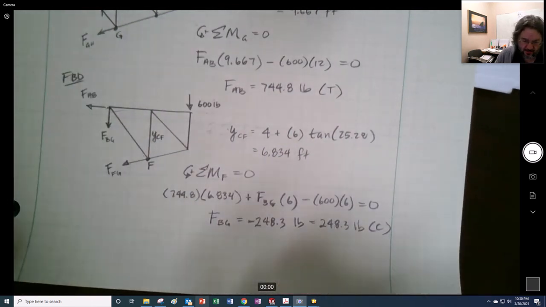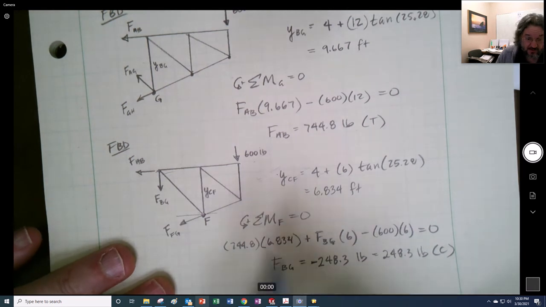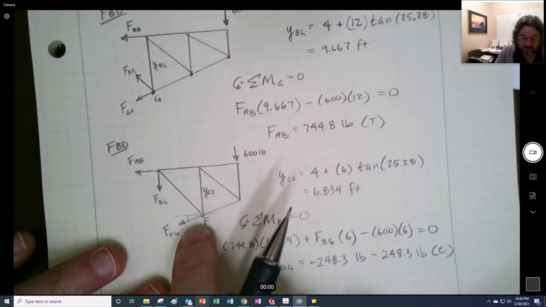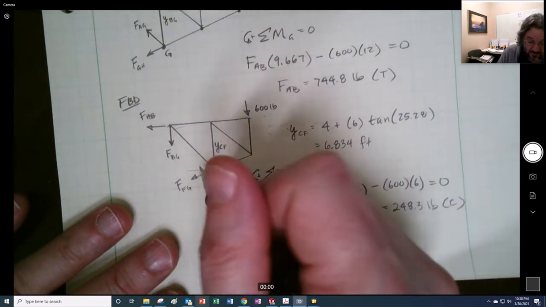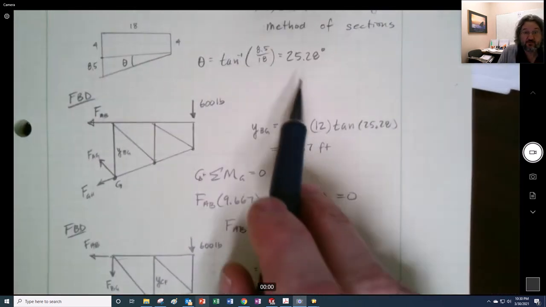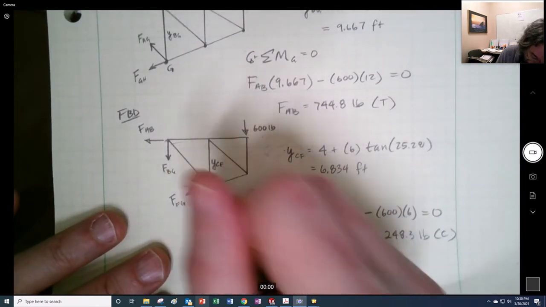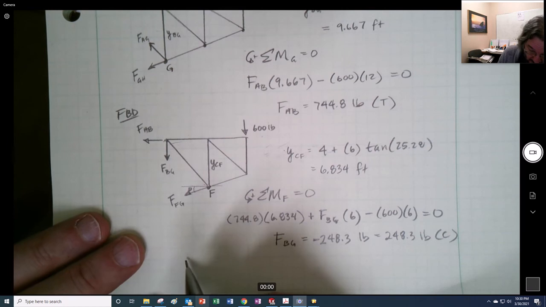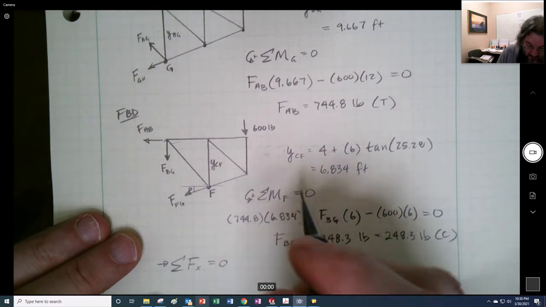And then this last member right here, I think it's going to be easiest to just take the sum of the forces in the x direction, because we know that angle, theta. So the sum of the forces in the x direction equals 0.